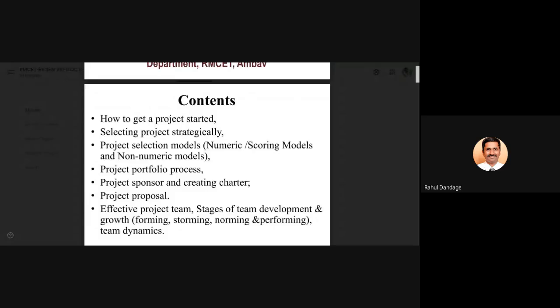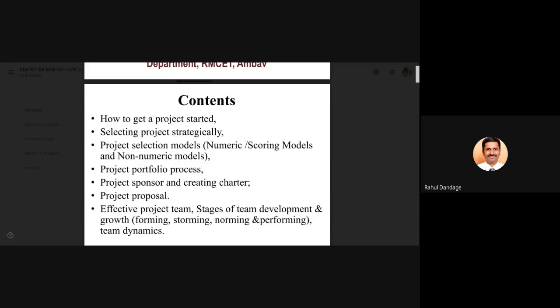So first is how to get a project started. So the initiation, how to start the project, selecting the project strategically, then project selection models. There are 2 types of models. One is numeric or scoring models, and the second type is non-numeric or qualitative models. For non-numerical models, we have to just discuss the theoretical components.